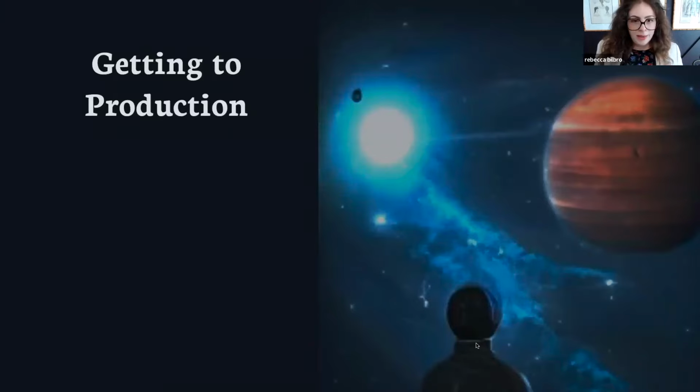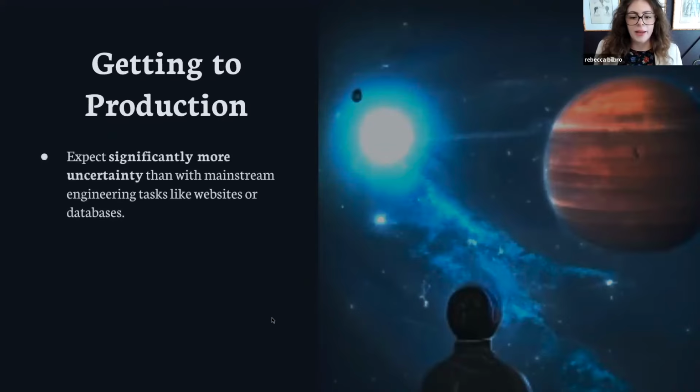So the key, though, is that we are not talking about magic solutions, right? We want things that will get to production. We want to scope things down. We want to scope things out so we can plan ahead. And the truth is that in spite of the messaging, I think a lot of us are getting around to realizing that AI is not the same thing as building a website or a database.